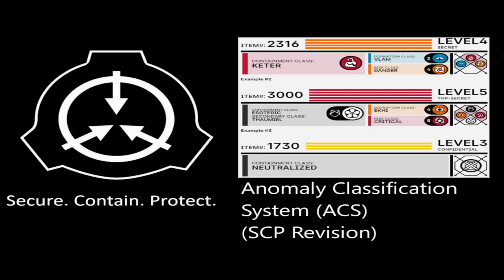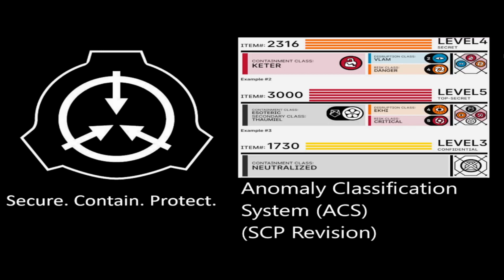From lowest to highest clearance requirements, these levels are Unrestricted, Level 1, fully available to all personnel regardless of clearance level. Restricted, fully available to all personnel Level 2 or above unless otherwise specified.